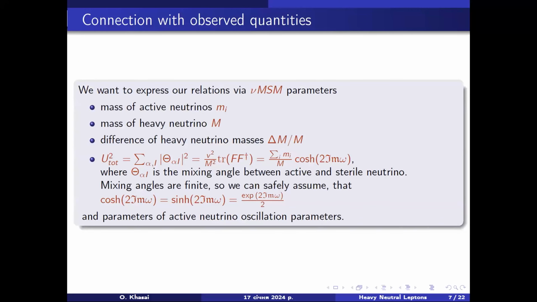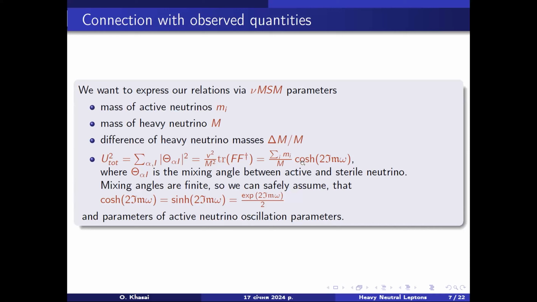As a next step, we wanted to express our observables in terms of the masses of active neutrinos and sterile neutrinos, and the quantity U total squared, which is constructed from the mixing angles between active and sterile neutrinos.